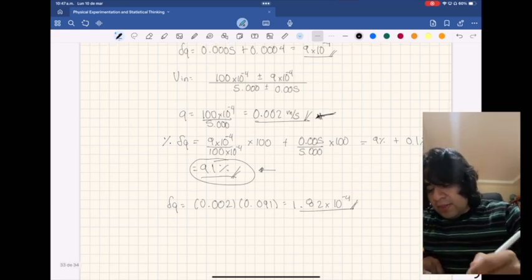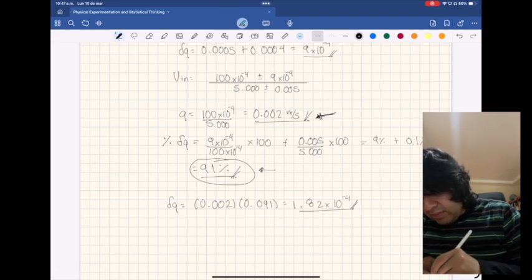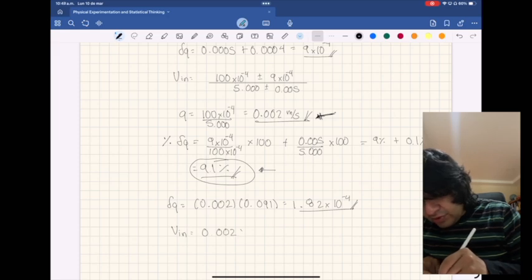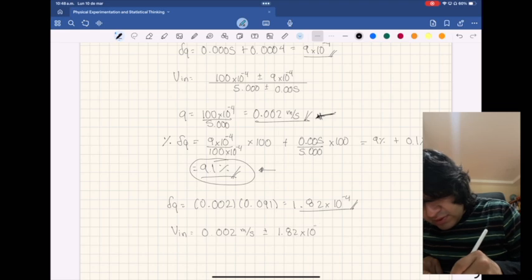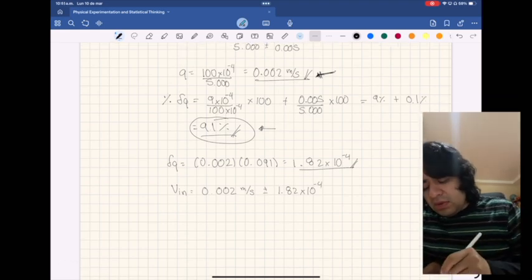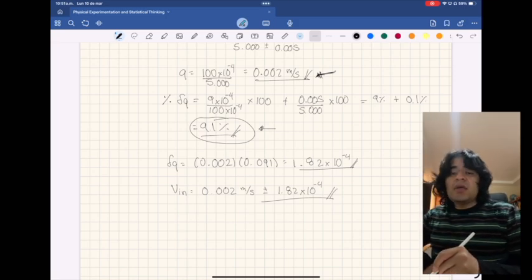Now we can state our complete result of the inlet velocity as 0.002 plus or minus 1.82 times 10 to the power of -4. Now here is our final result for the inlet velocity.